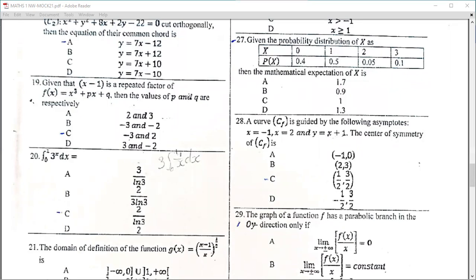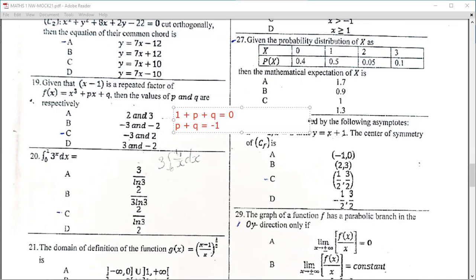When x is equal to 1, f of 1 should be equal to 0. So we have 1 plus p plus q equal to 0. Therefore p plus q should be equal to minus 1.